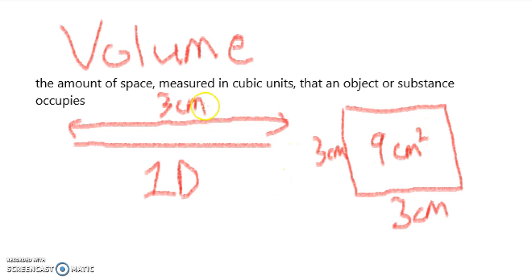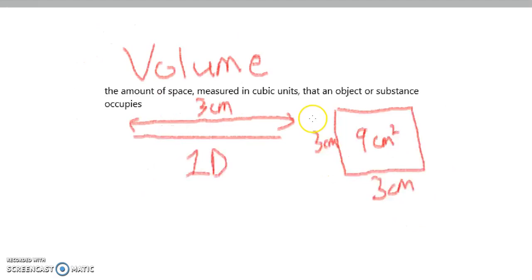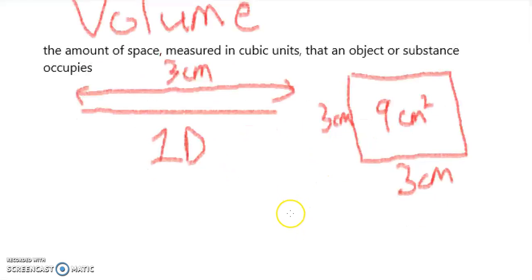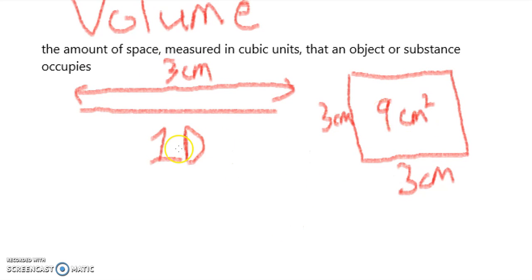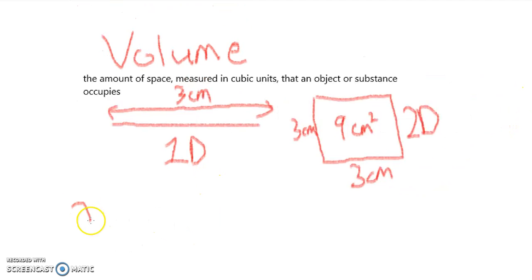Okay, so volume is measured in cubic units. These are in squared units. These are just the single unit, centimeters, so cubic units. Well, to have volume, we're going to have to jump from one-dimensional to two-dimensional, and then you guessed it, three-dimensional.